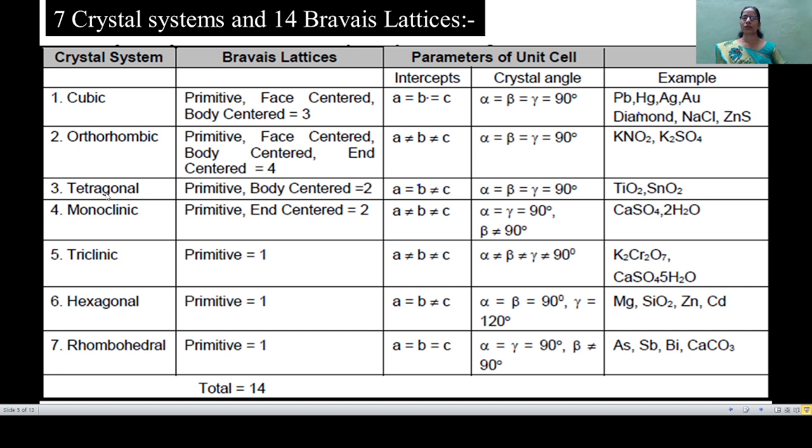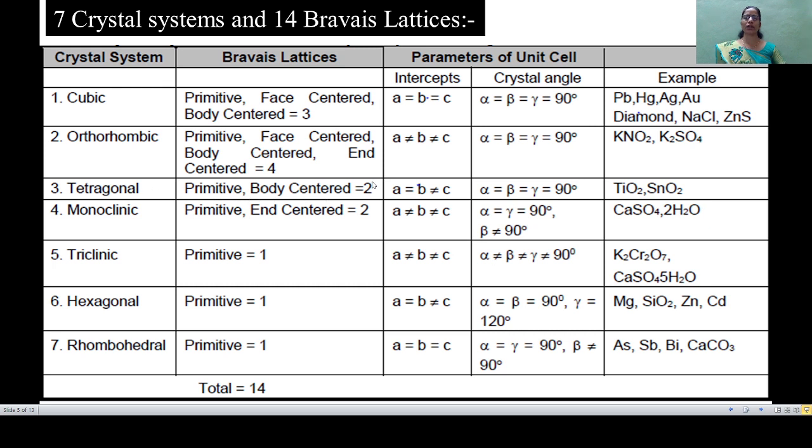Okay. Now see the third crystal system, that is tetragonal crystal system. Here the particles are arranged by only two ways, and therefore there are two types of Bravais lattices. First one named as primitive and the second one that is body centered.